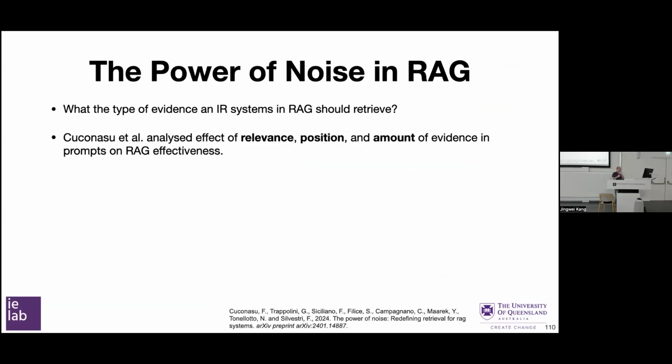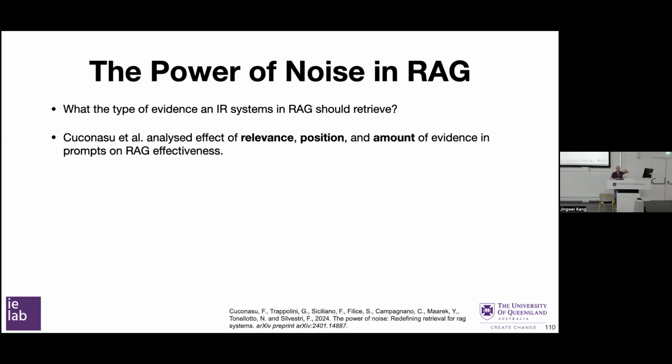And there is a similar study that is going to appear in a couple of weeks at ESSIR, where they show some other type of weird behaviors related to the relevance of the passages you give, similar to before, but even the positions of the passages you give in the evidence list that you give in RAG.